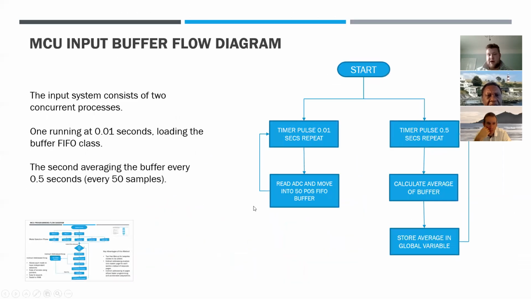Looking at the input buffer, the start is where the voltage would be coming in, and every 0.1 seconds we load the 12-bit ADC value into a FIFO buffer class, and then every 0.5 seconds we average that sample.